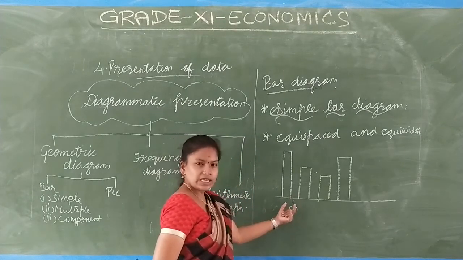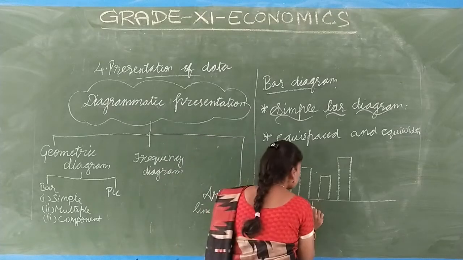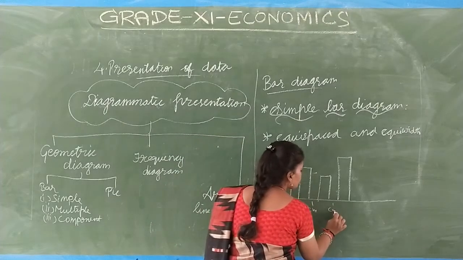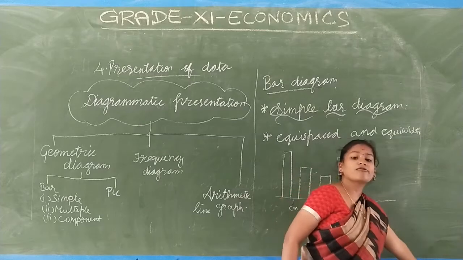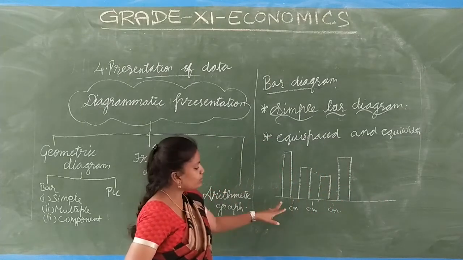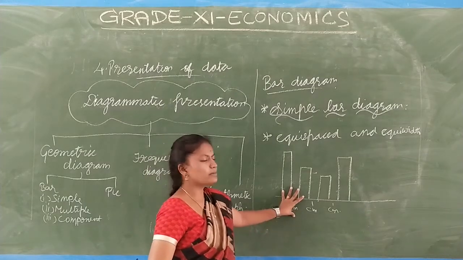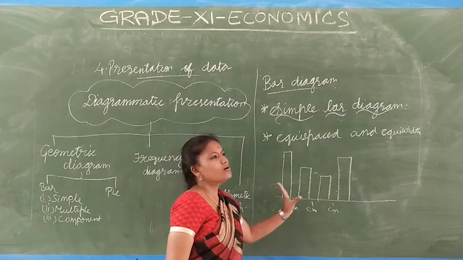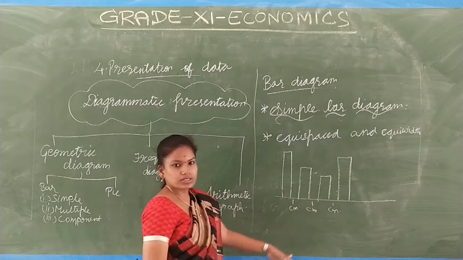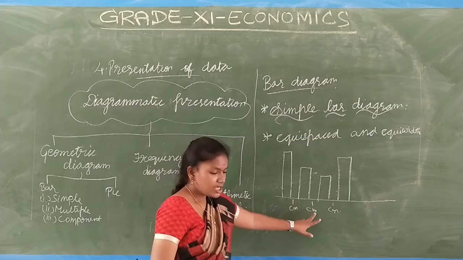Here also it should be 1 centimeter, and here also. However many bars you have, the space between two bars is going to be the same, 1 centimeter. You cannot have 1 centimeter here and half centimeter here, 1.5 centimeter in the next, 2 centimeter in the following one. No, it should be equispaced.